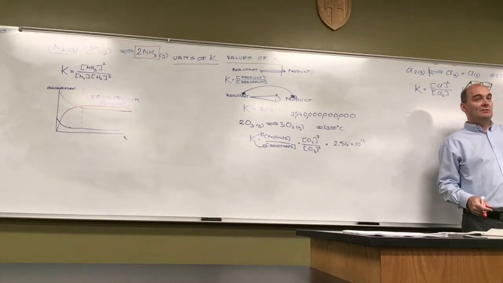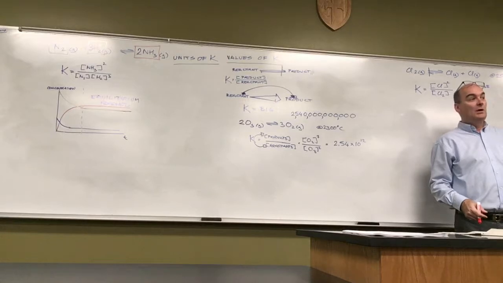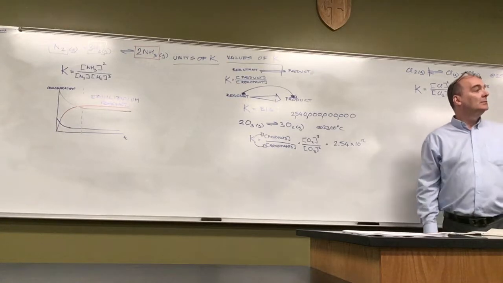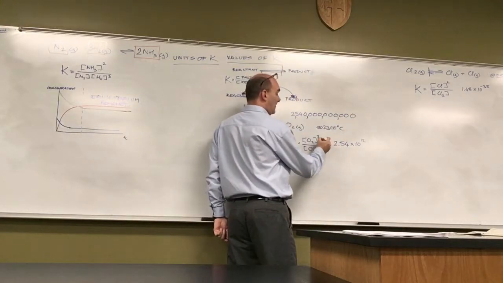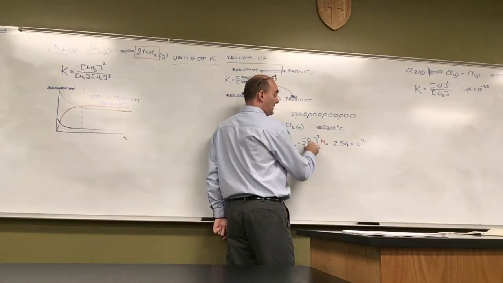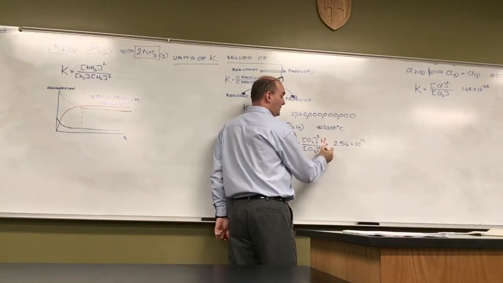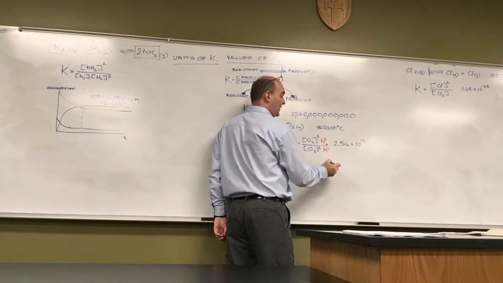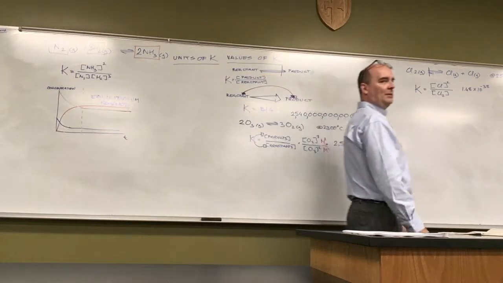So we'd have moles per liter over the top squared divided by moles per liter once. So my answer would be in molarity. And what I've got here is molarity for the oxygen times 3 divided by molarity squared, which would tell me that the units are in molarity.